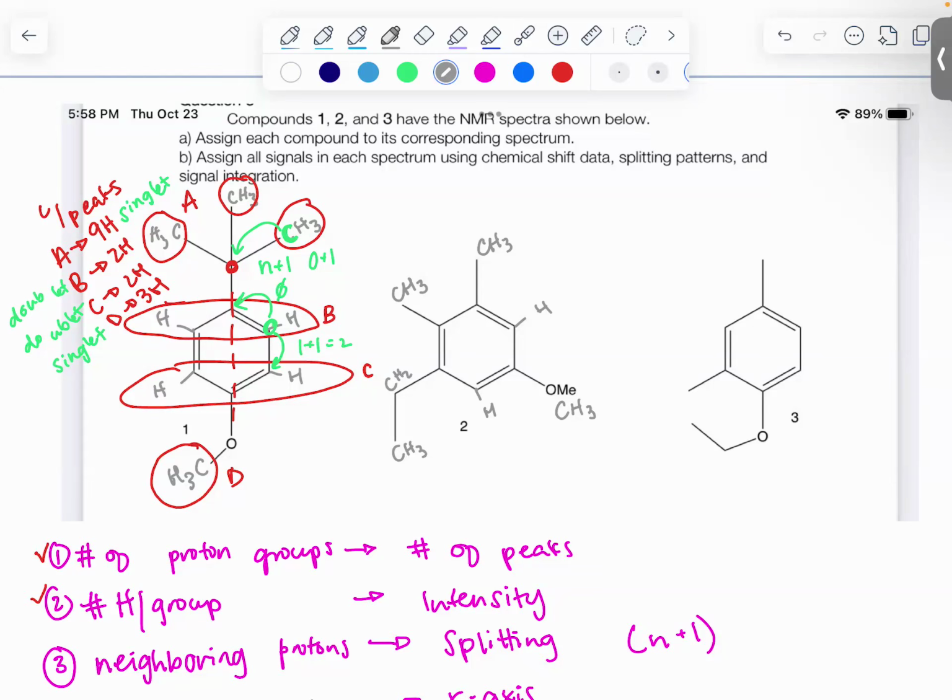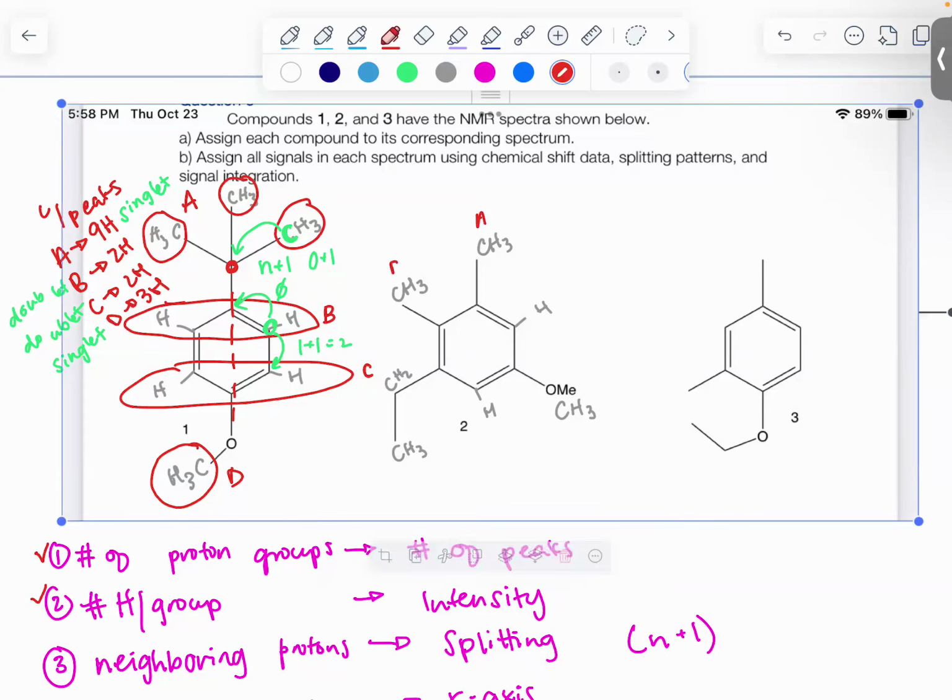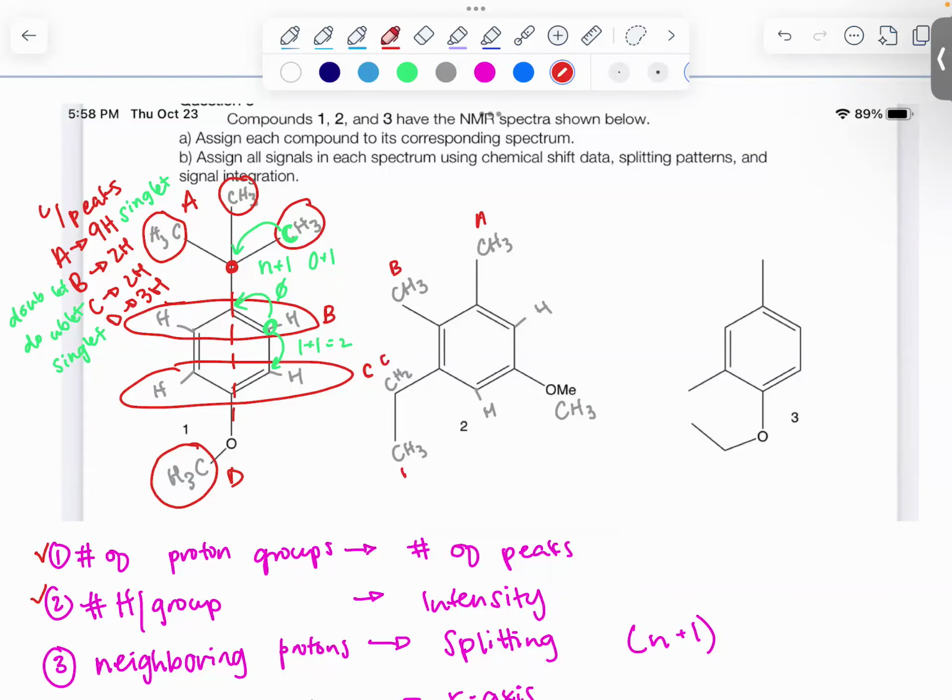The answer is 7. There is not symmetry with this benzene ring, and so these two protons will be unique.